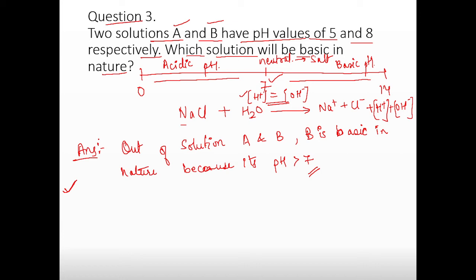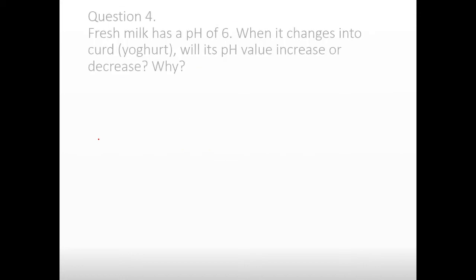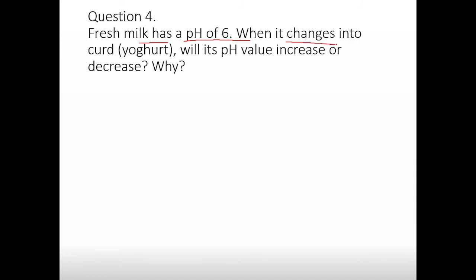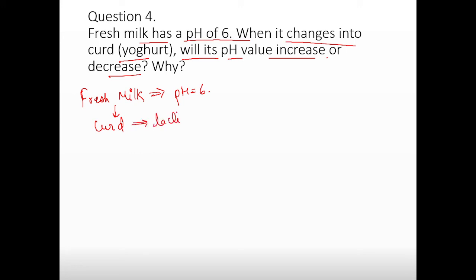Moving to the next, that is the fourth question. Fresh milk has a pH of 6. When it changes into curd, will its pH value increase or decrease? So you'll have to remember a simple thing: they have given that the pH of fresh milk is 6. Okay? So when milk gets converted into curd, there will be production of lactic acid.